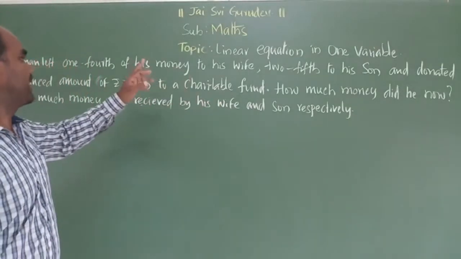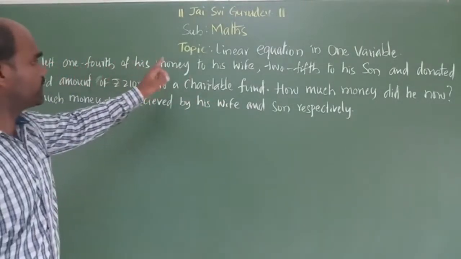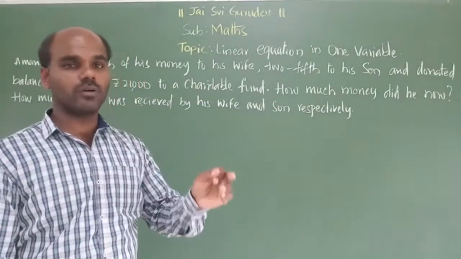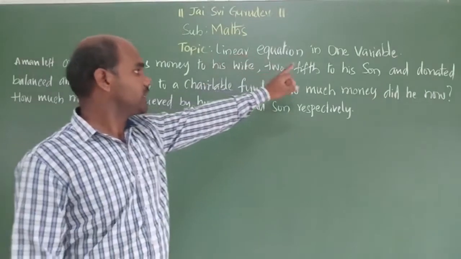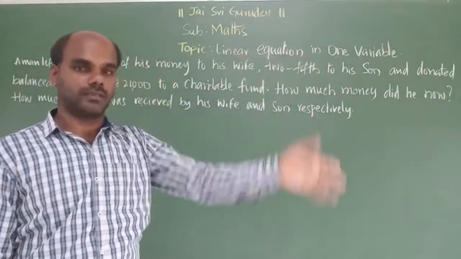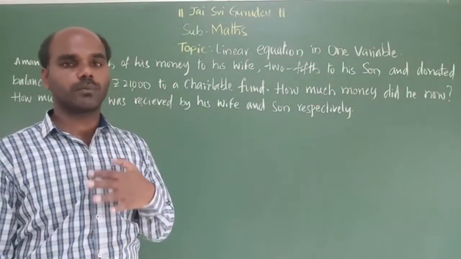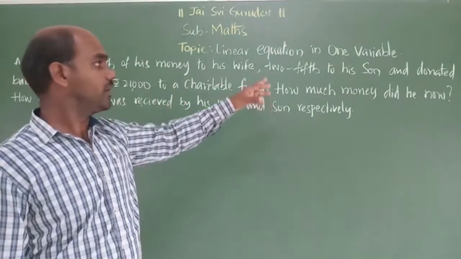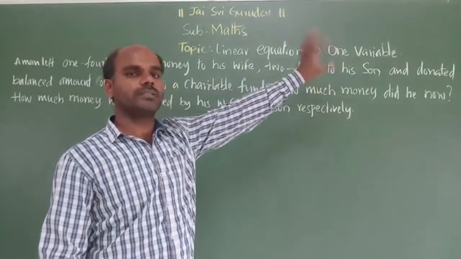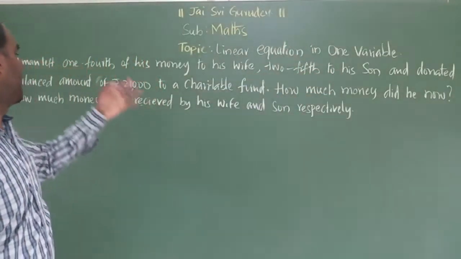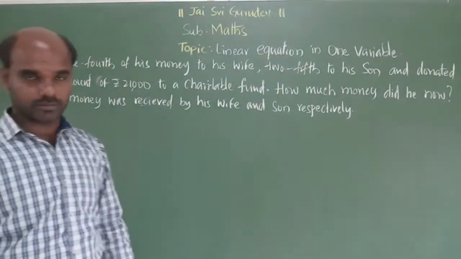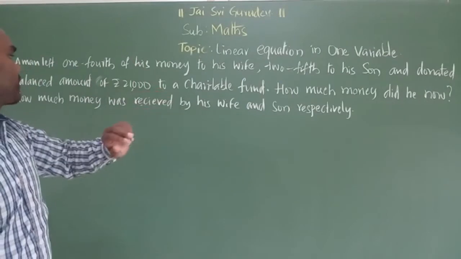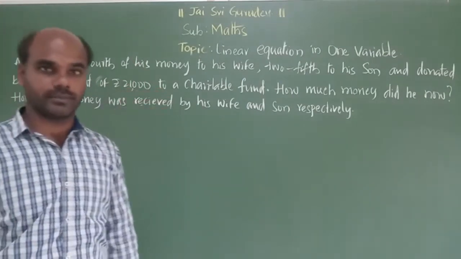By the given conditions, 1/4 of the amount goes to his wife and 2/5 of the amount to his son, and the remaining balance amount is donated to the charitable trust, that is 21,000.